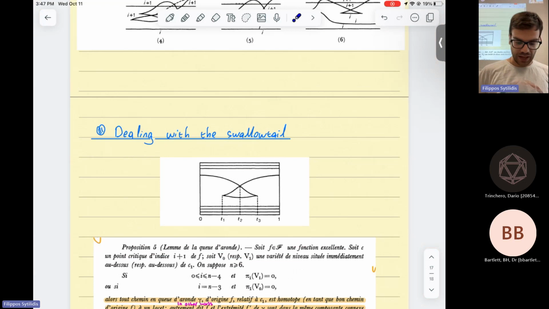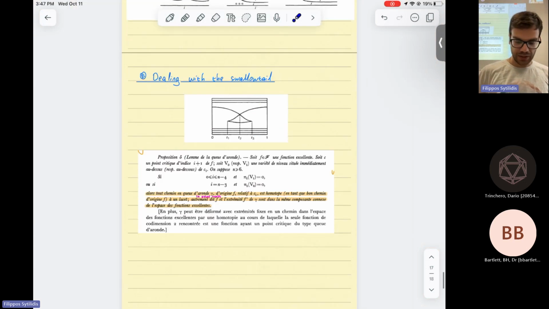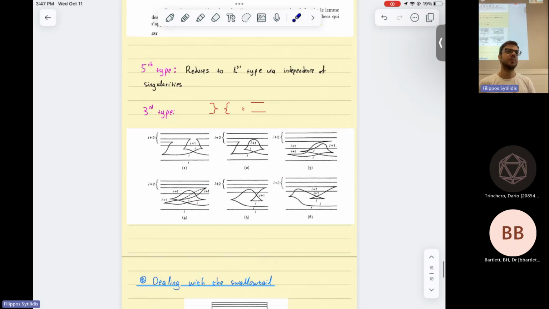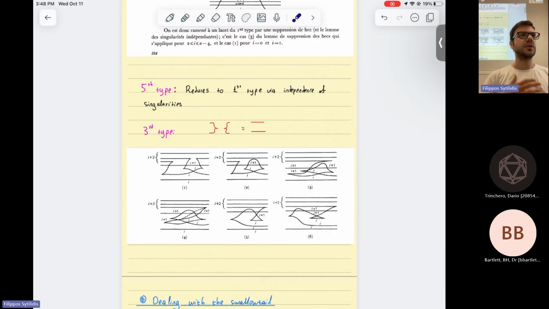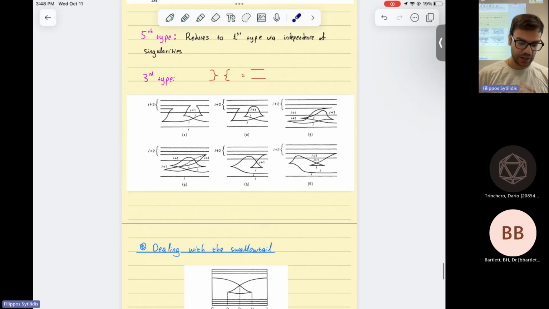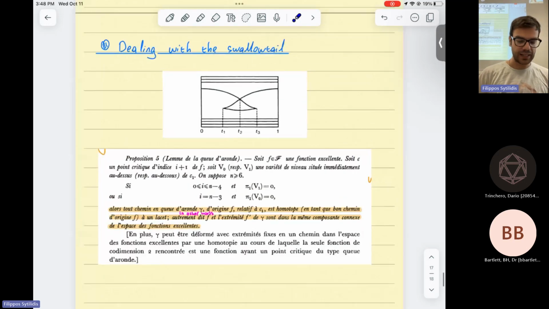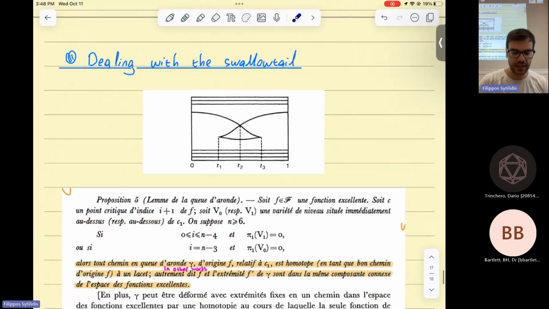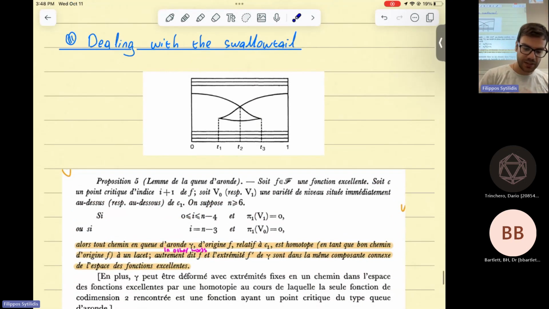Dealing with the swallowtail, I'm just going to tell you what the theorem is that Cerf proved a long time ago, to give you an idea of the sort of complexity that's going on. This is what a swallowtail path looks like.